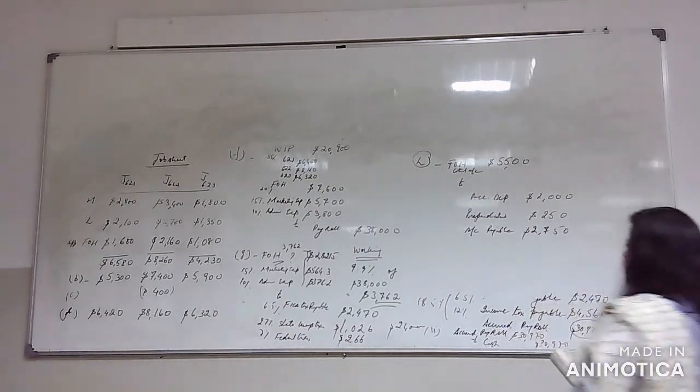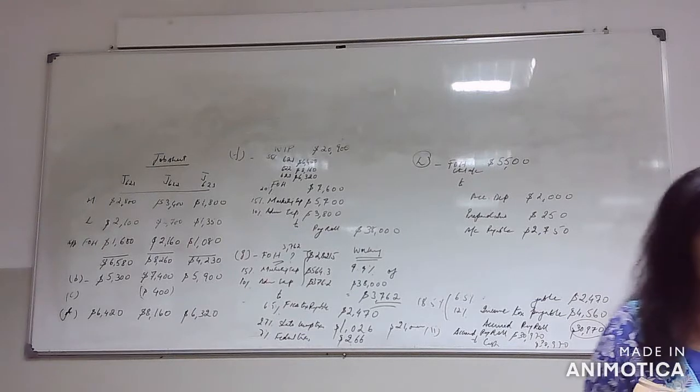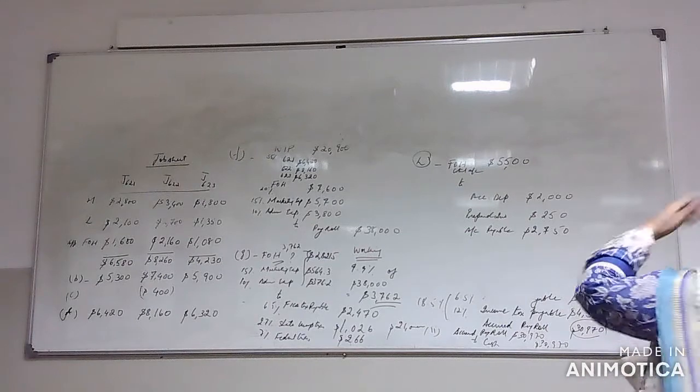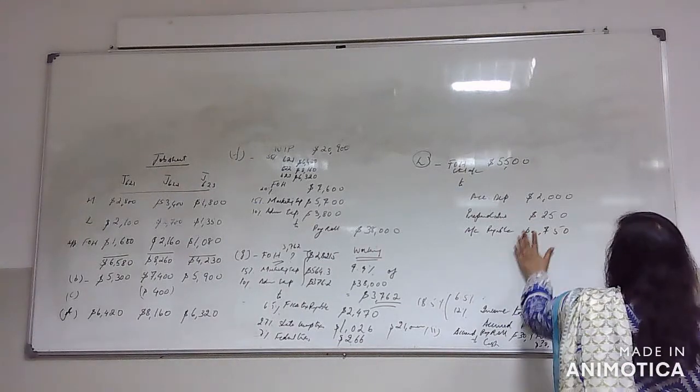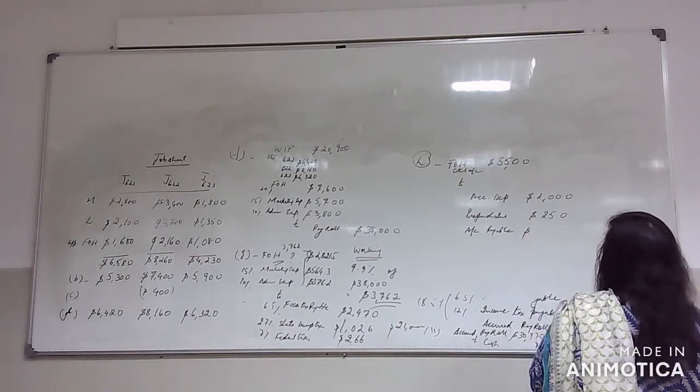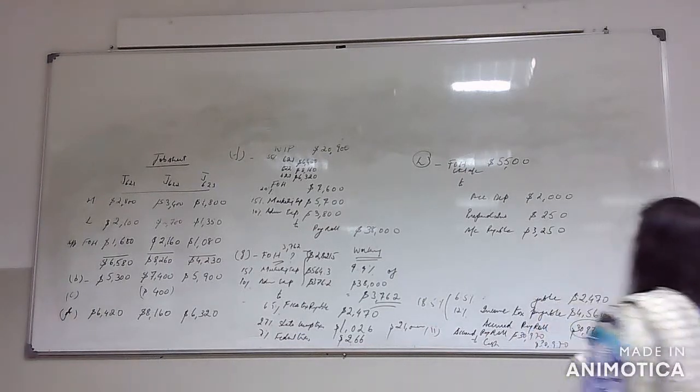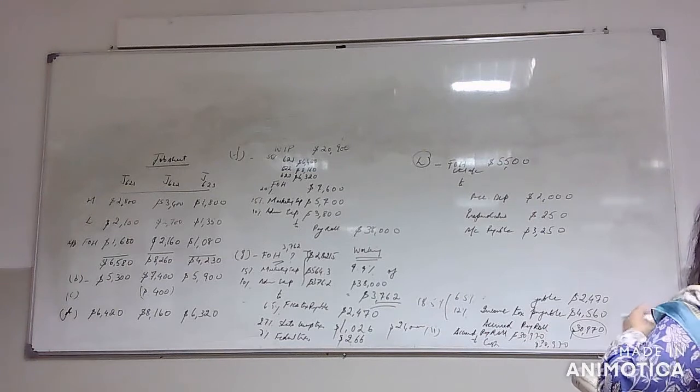And you can simply check also. This is 5,500. Oh, sorry, this is more than that. It's 3250, because it's $5,500.